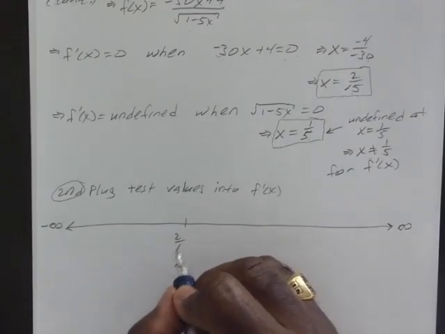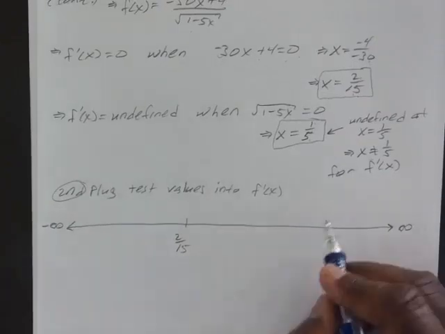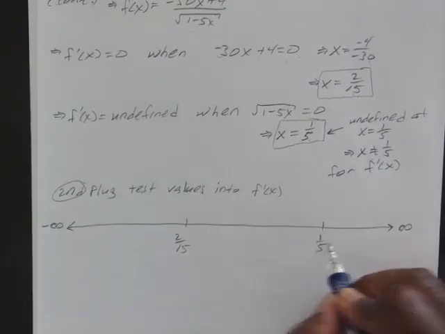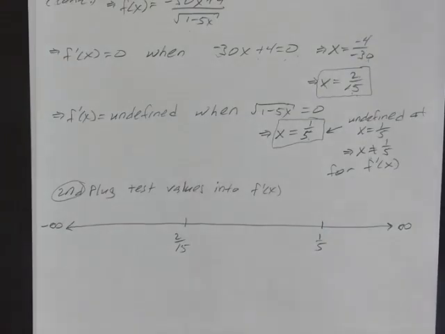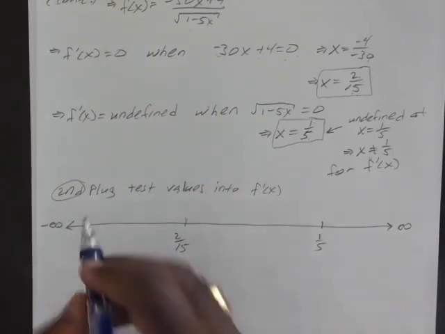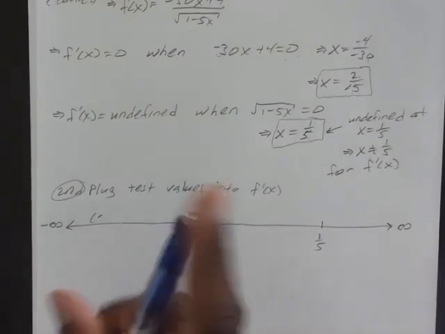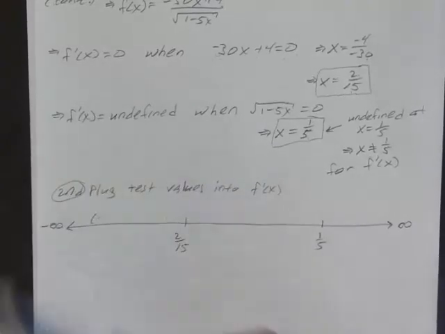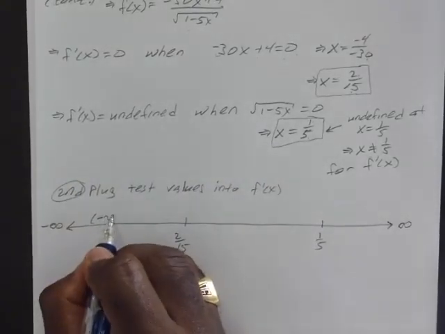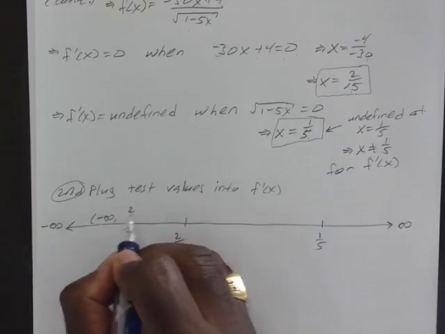Our 2/15, we can put that right here. And our 1/5, we can put right there. So we know this first interval is from negative infinity to 2/15.